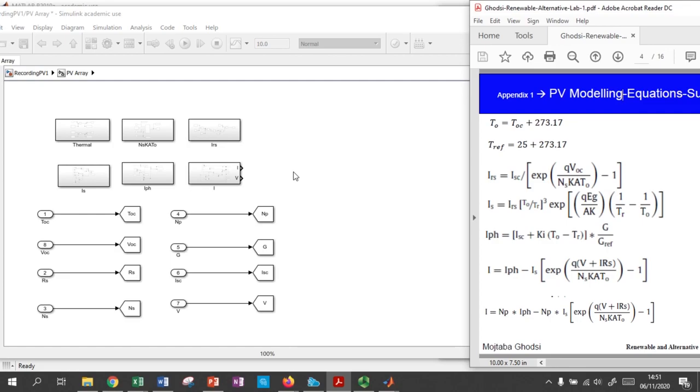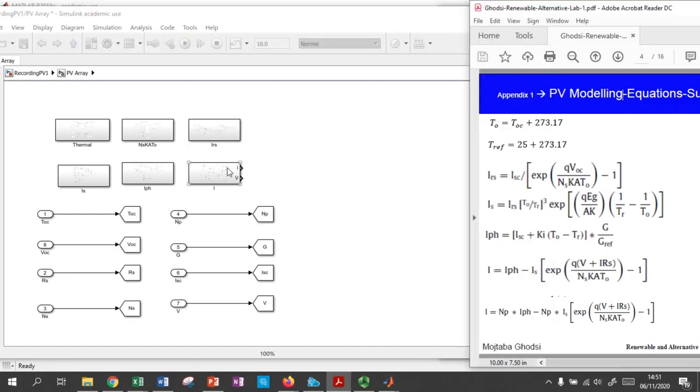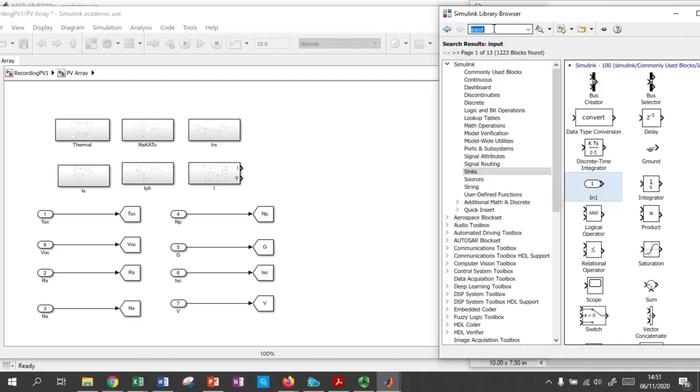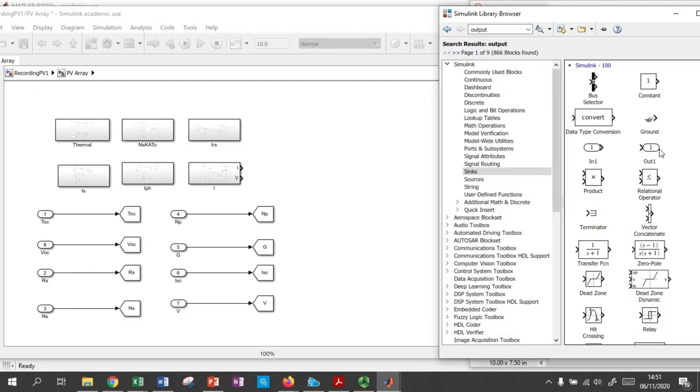What is our expectation? Our expectation is the current and voltage that we give it. It means that we have this one, then it's good to have one output right now for this. Then we are looking for an output port. Output port is here.